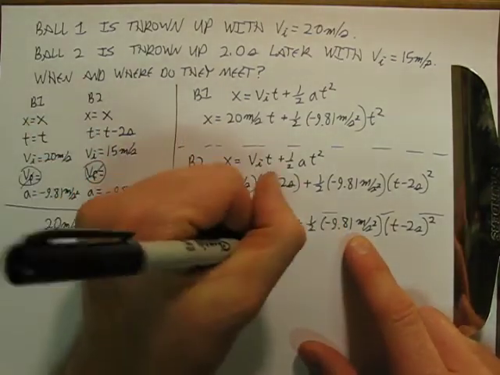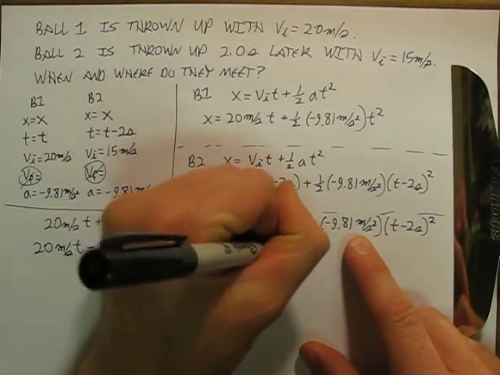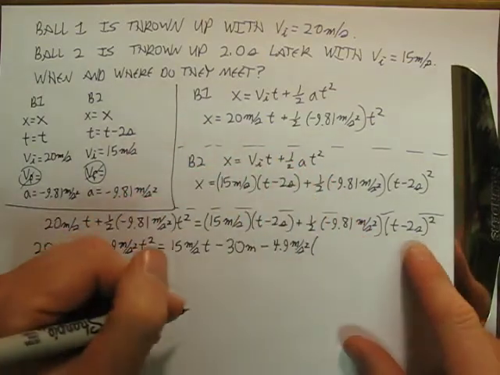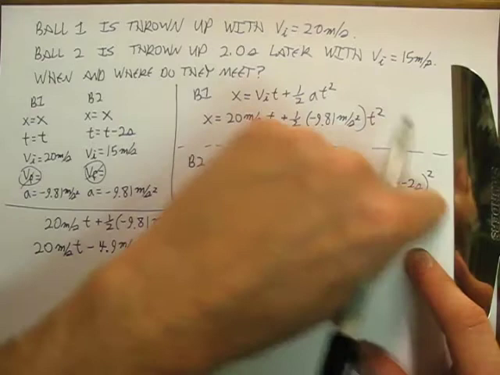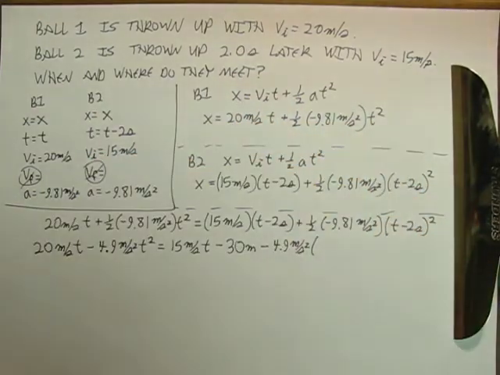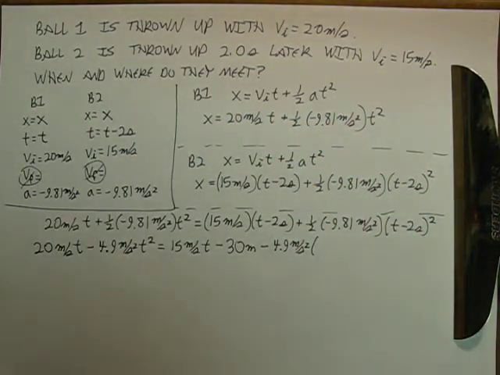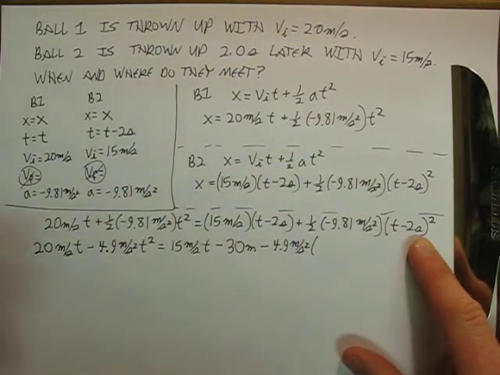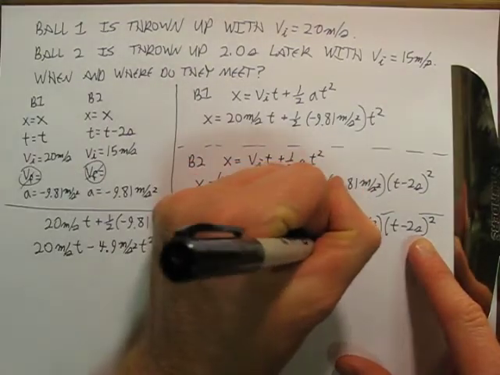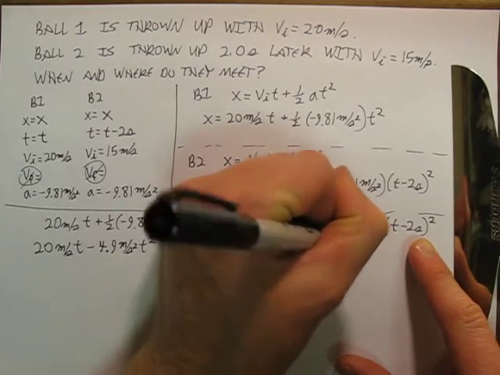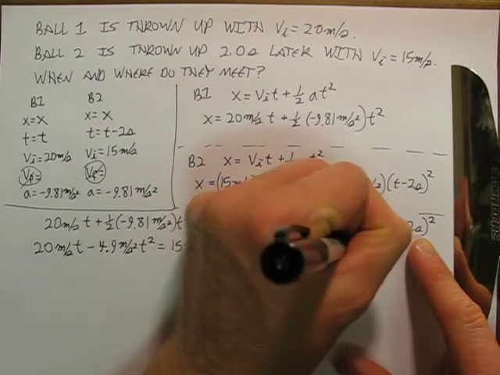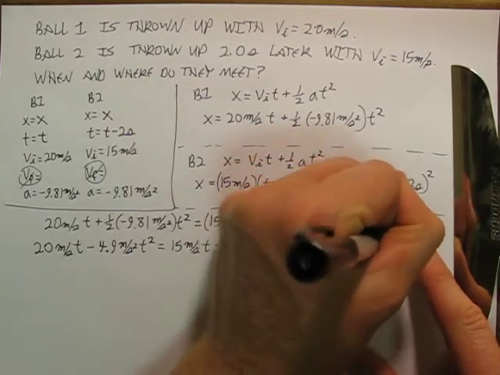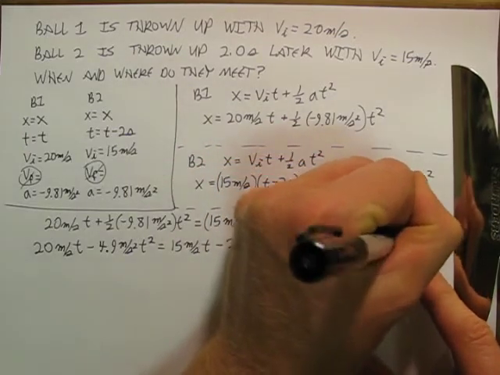Now this is also going to be negative 4.9 meters per second squared. Now this, I'm going to have to FOIL that out. I'm just going to leave it to you that you know how to FOIL it out. I'm not going to take the time right now. T squared minus 4 seconds T plus 4 seconds squared.